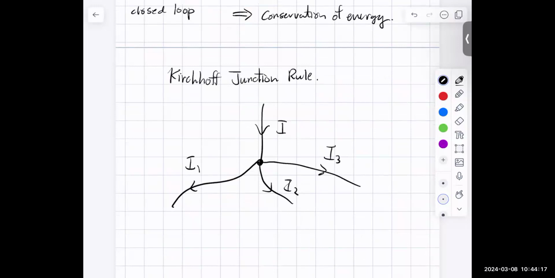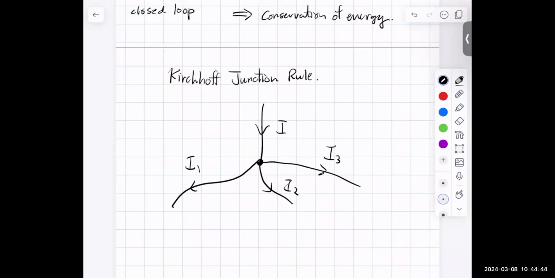So if we imagine that current is like a collection of charges, and they're all flowing together, and they're going to come to a junction, all these individual charges are going to have to take one of the 3 paths. An individual charge, like an individual electron, is not going to break up and partially take path 1 and partially take path 2.